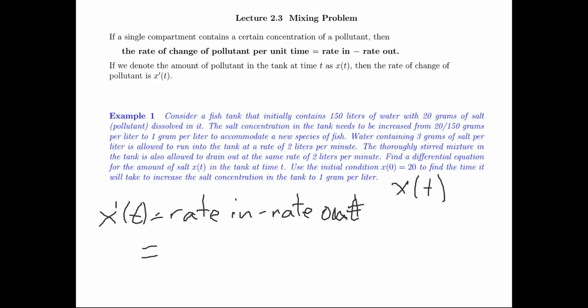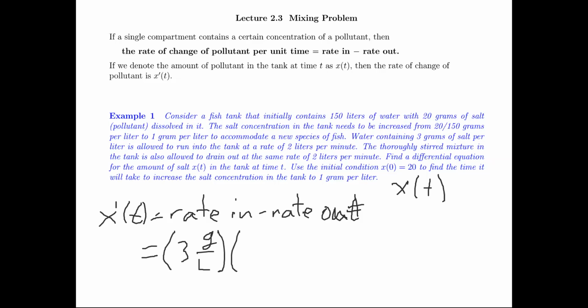Now we need to figure out what rate in and rate out are. Well, rate in is the concentration in times the flow rate of the water. The concentration of the pollutant in the water that is going into the fish tank is 3 grams per liter.